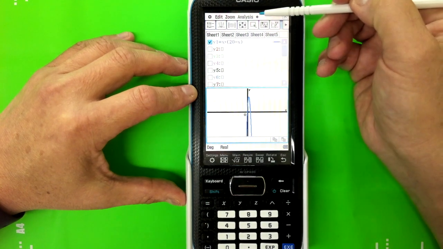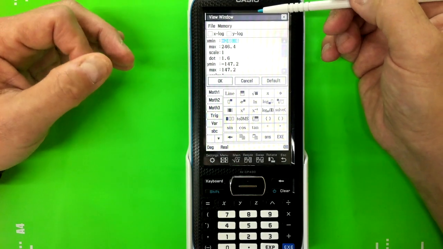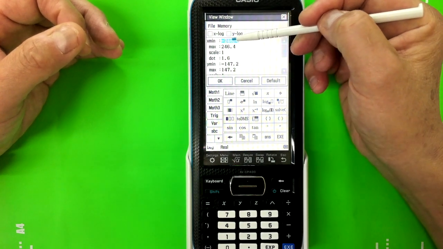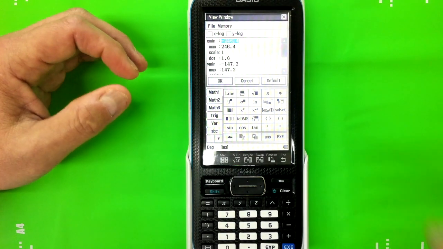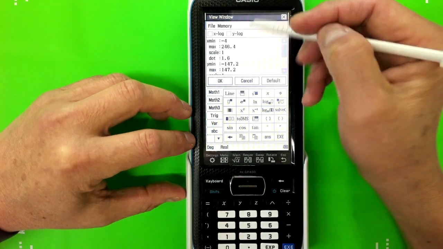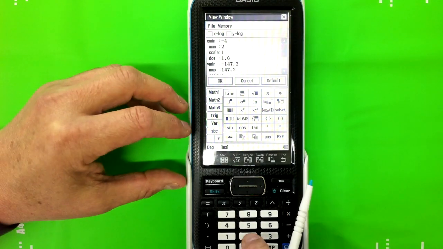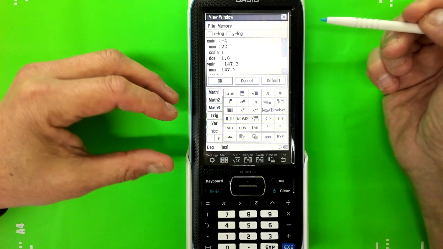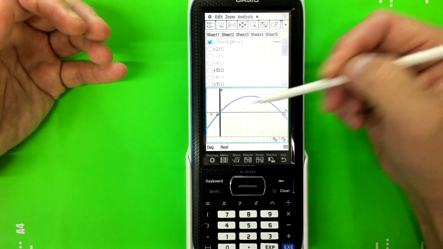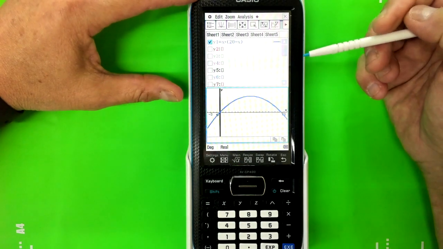Of course, there are other ways of doing it. It's a little bit easier if you set your x and y axis. So this time, if I make the x minimum, let's say, -4, and x maximum, let's say, 22. All right, let's click OK. And you can see that the graph is redrawn. You've got an easier parabola to work with.